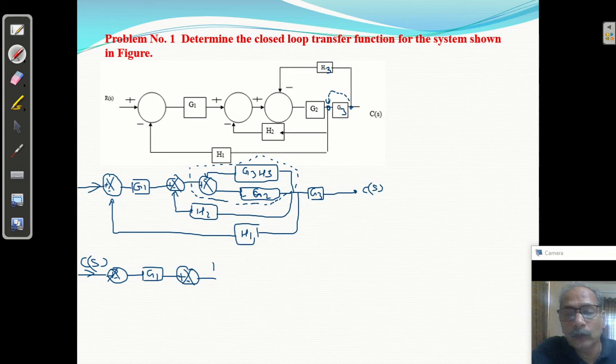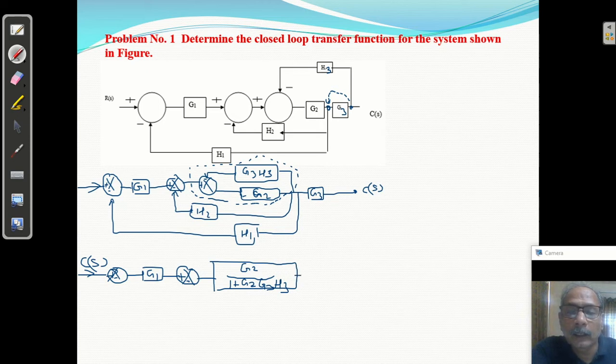So what is the transfer function of this closed loop? GS, that is G2, upon 1 plus GS, that is G2, and the feedback path G3 and H3.